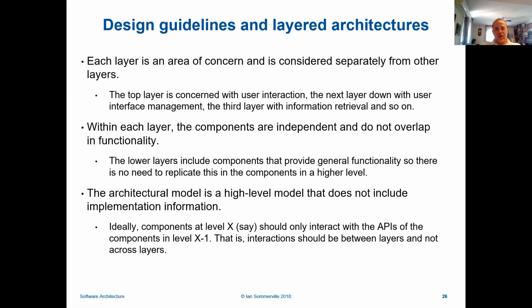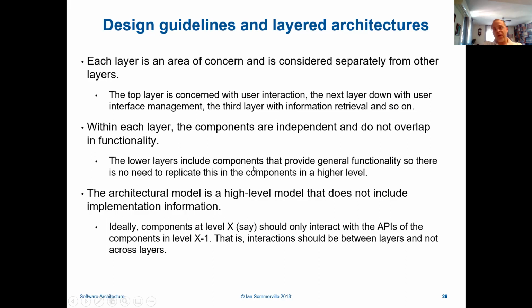User interaction, then interface management, that was what we called control. And the third layer is retrieval, that might be model, right? View, control, model, or model, view, control, whatever. This is the view, the user interaction.